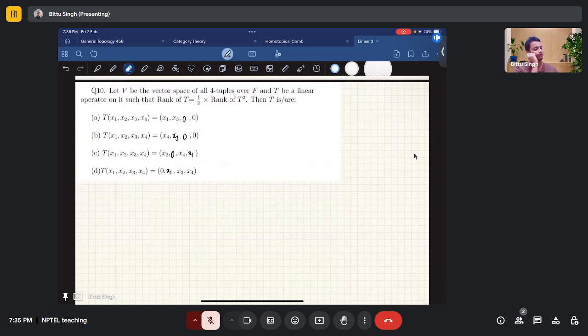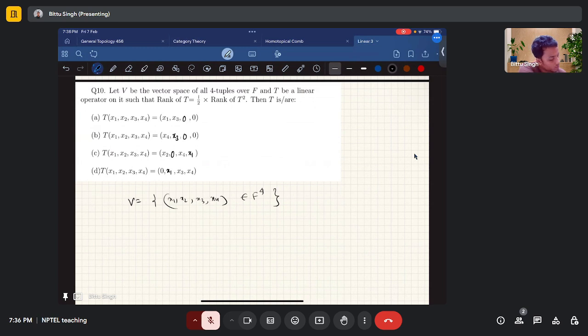So question number 10. In this question, V is the vector space of 4-tuples over F. So V is of this form, x1, x2, x3, x4 belongs to F^4, and T is a linear operator on it.